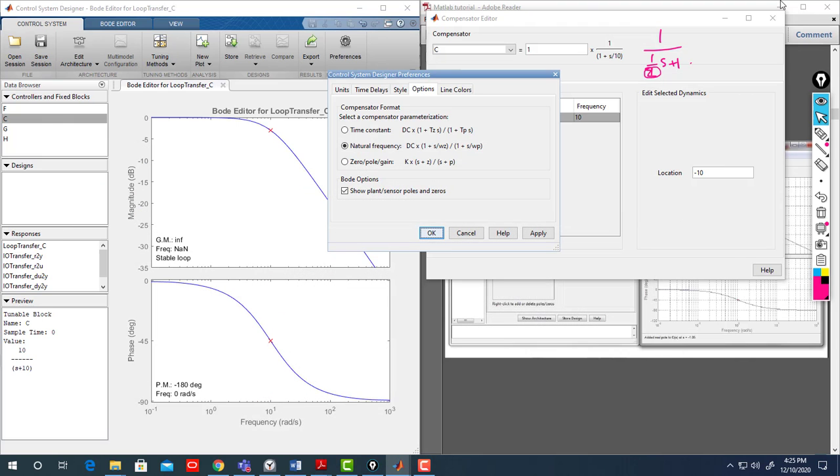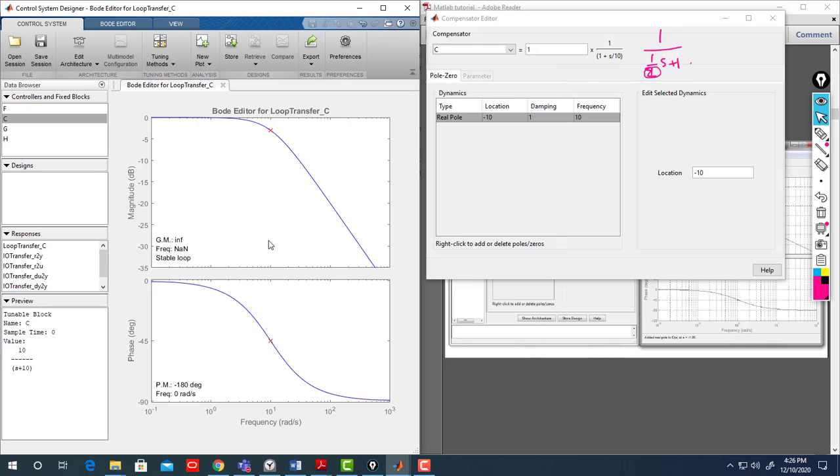Both formats, as explained in previous sessions, previous videos, are equivalent. So just be aware of which format you want to use. Like here 10 over s plus 10, which is equivalent to this one. Because I picked natural frequency format, I'm seeing it this way. So it's up to you at the end. Omega is 10. Let's return to the omega, which is 1, as in the tutorial.